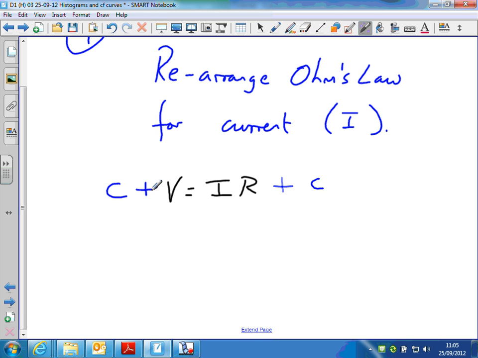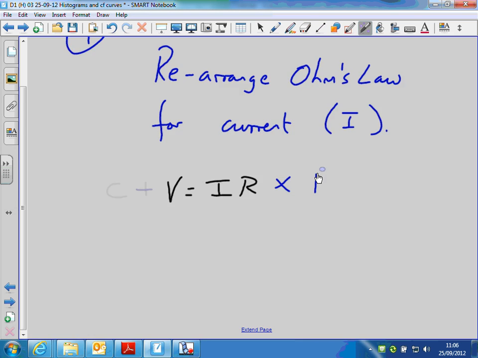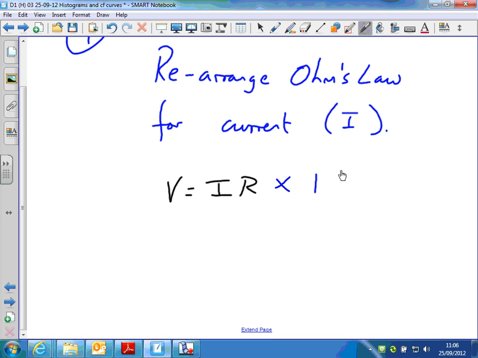I can multiply this side by P, so long as I multiply the other side by P, okay, etc. So I look at this right-hand side and I say, I only want I, so I want to get rid of R. How do I get rid of R? I divide by R, so that they cancel out and I'm left with just I. If I divide this side by R, I must divide this side by R. So therefore, I equals V over R.